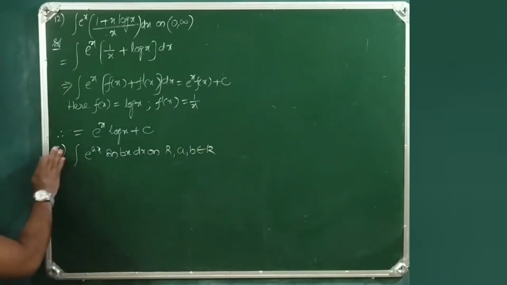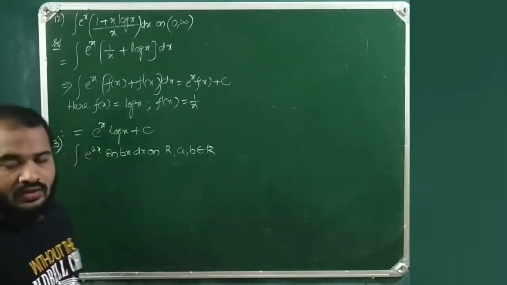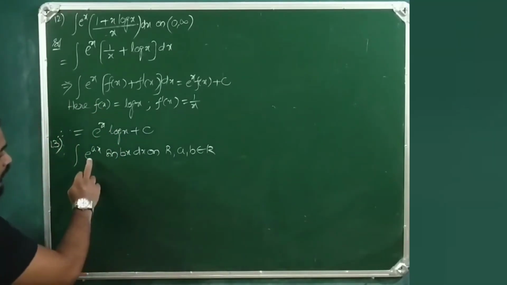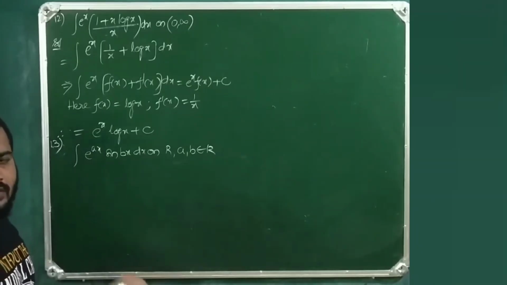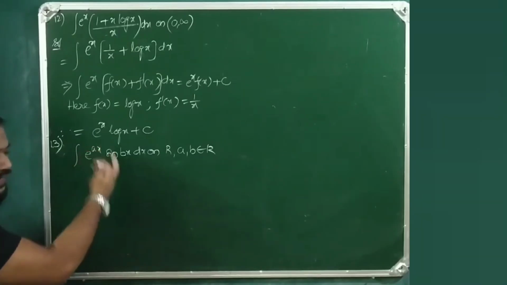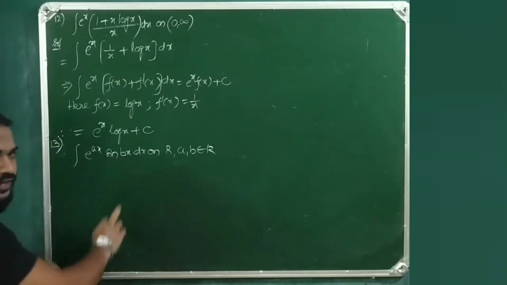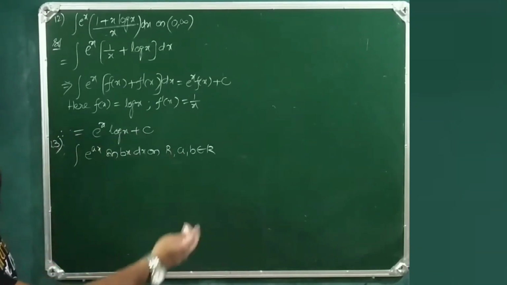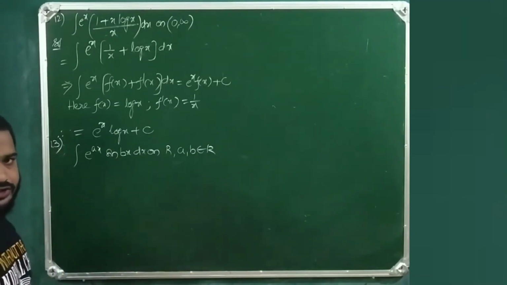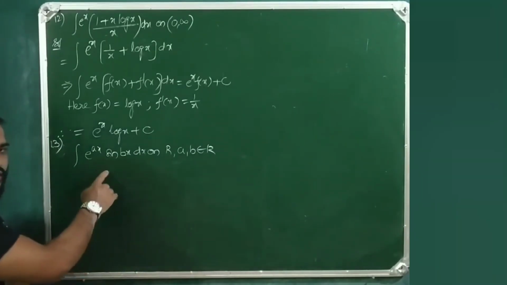So this kind of problem we have discussed before. e power ax and sine bx are repetitive functions, because e power ax, if you differentiate or integrate, we will get again. Sine bx, if you integrate, gives cos bx, and if you integrate again, sine bx, or by differentiation. So this we are going to get again.